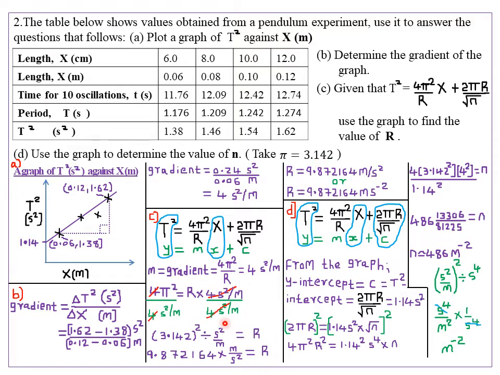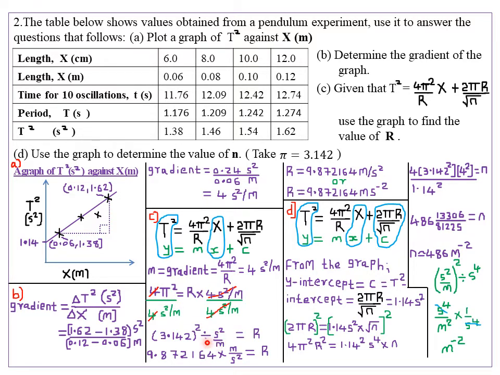Of course, if I divide that, I'll remain with pi squared. Pi is 3.142. If I square that, I'll get 9.872164. I'm just trying to derive the units, so that I have 1 divided by second squared per meter, which is just the same as divided by second squared per meter.